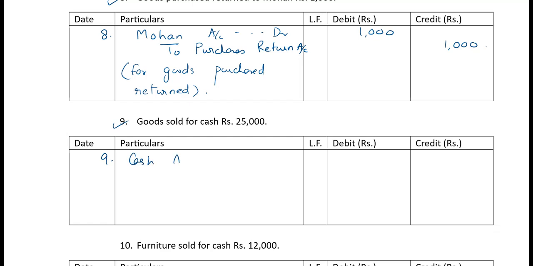Cash is an asset. There is an increase in the cash, so we debit cash account. Sales is revenue. There's an increase in revenue, so we credit the sales account. Narration for goods sold.